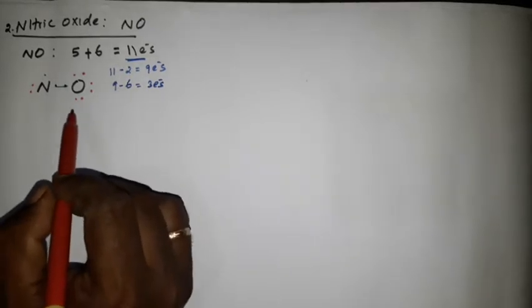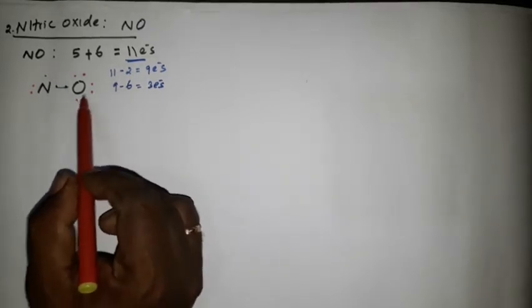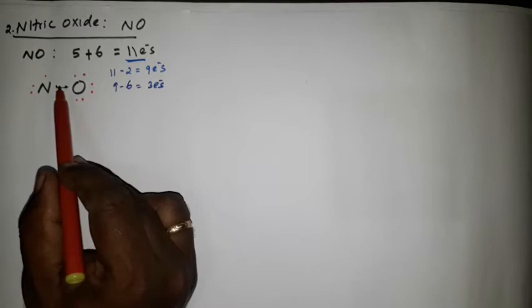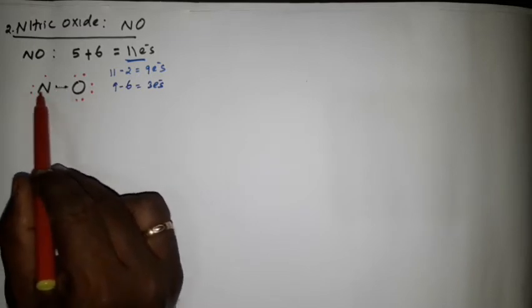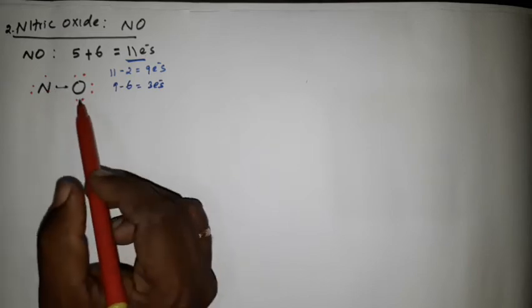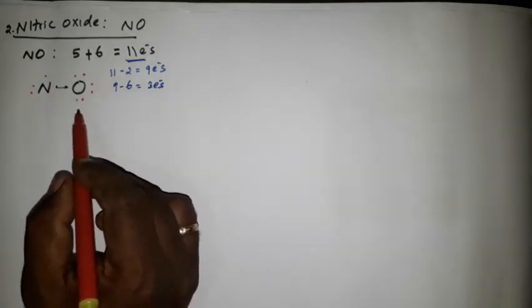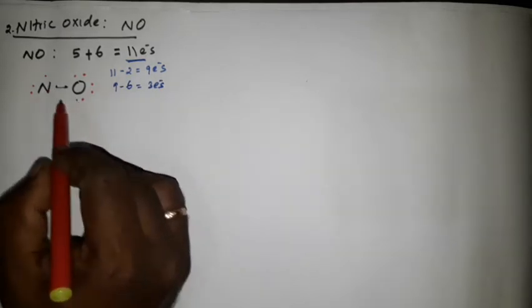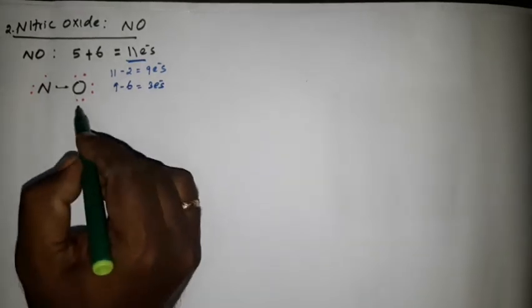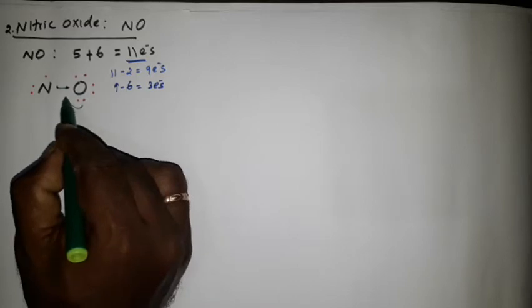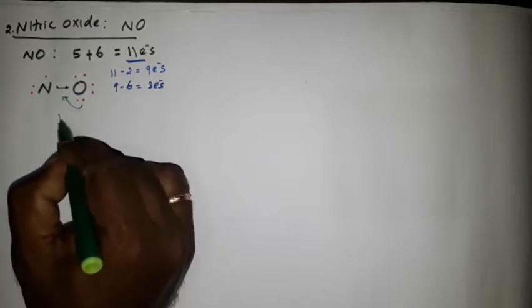For oxygen, the octet is completed: 2, 4, 6, 8. But nitrogen is not completed. It's 2, 4, 5 only. So, what this oxygen can do, this lone pair of electrons can be converted to a bond pair.